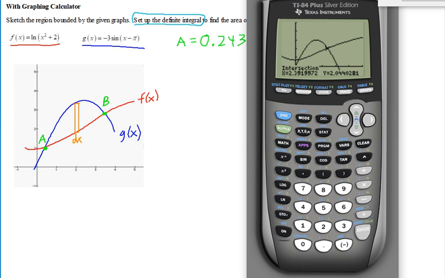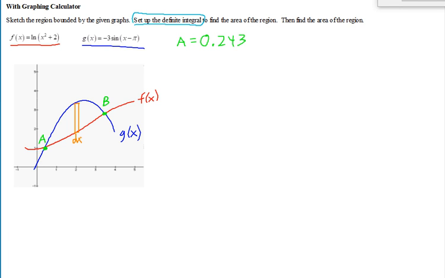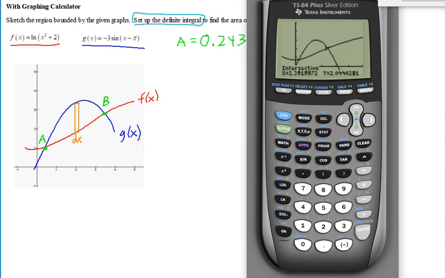So we get 2.391, or you can write it as 2.392. And again, let's store that in our calculator so we don't have to ever type it in. Second, quit. Store alpha B.